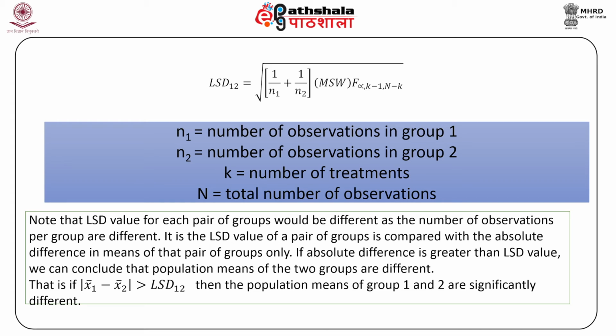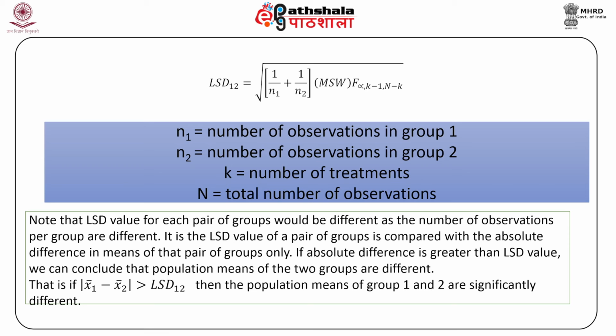The LSD value so calculated for groups 1 and 2 is given by LSD_12 equal to the square root of (1 upon n1 plus 1 upon n2) times MSW times F alpha with k minus 1 and N minus k, whereas n1 is the number of observations in group 1, n2 is the number of observations in group 2, k is the number of treatments, and capital N is the total number of observations.